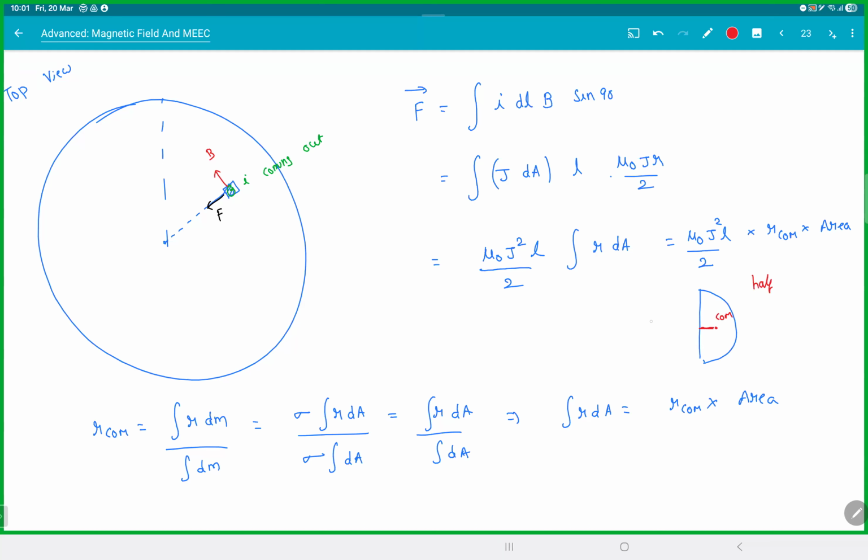So r_COM will be 4R by 3 pi. And the area will be only pi R square by 2. Clear this? So you're finding for the cross section basically, because the L is already taken care of. Are you clear with the idea there? So with this method, right, you need not find what the pressure is.